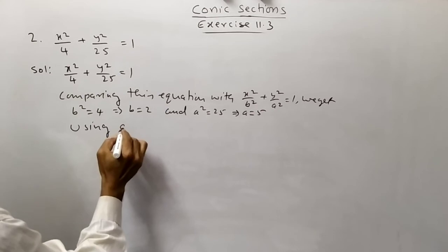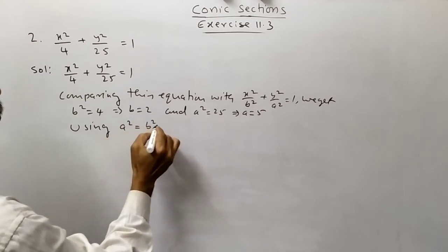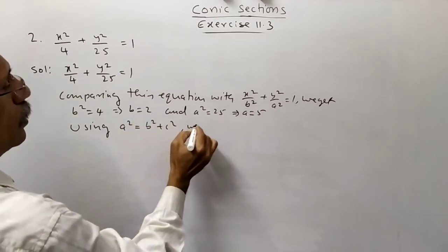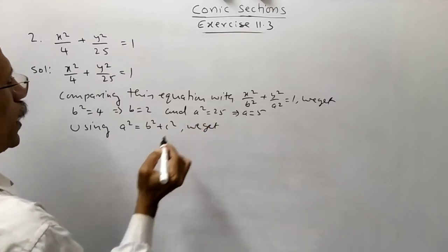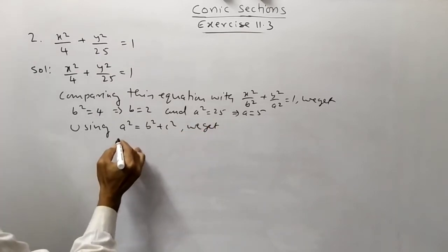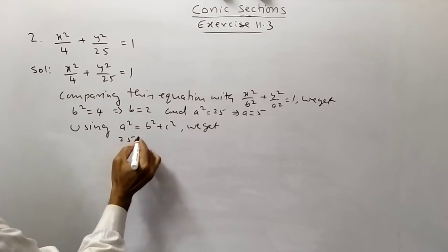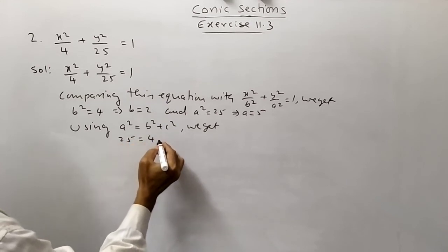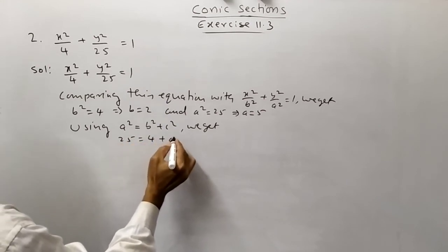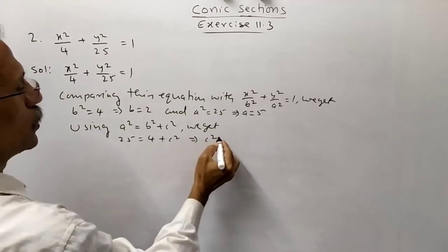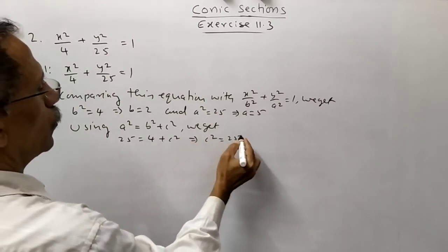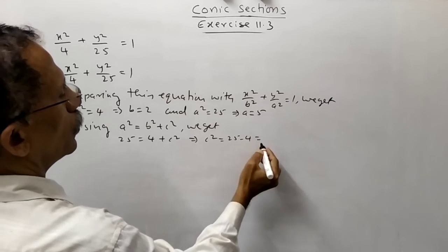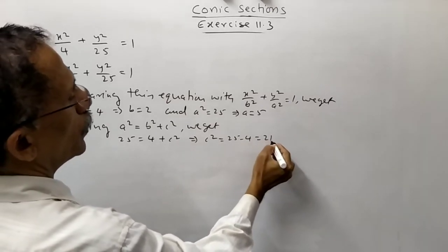Using a square is equal to b square plus c square, we get 25 is equal to 4 plus c square. This implies c square is equal to 25 minus 4 is equal to 21.